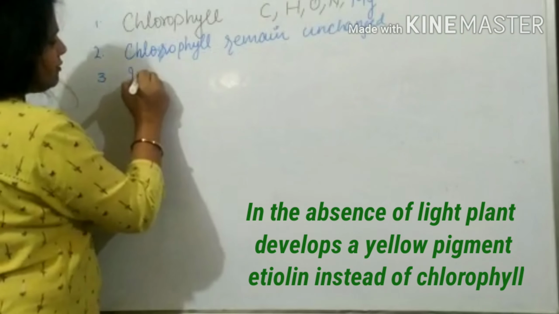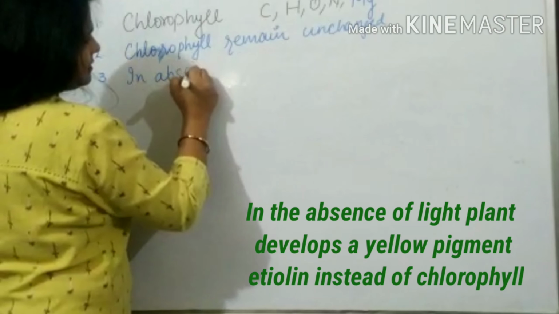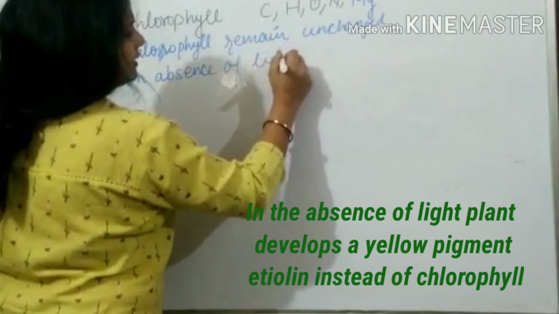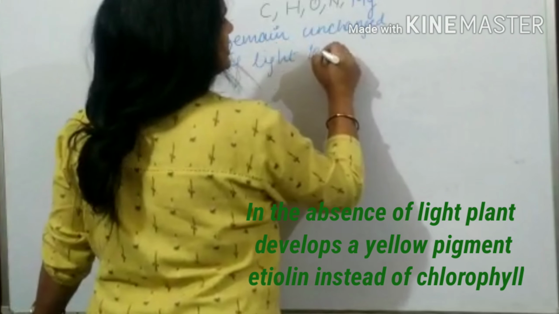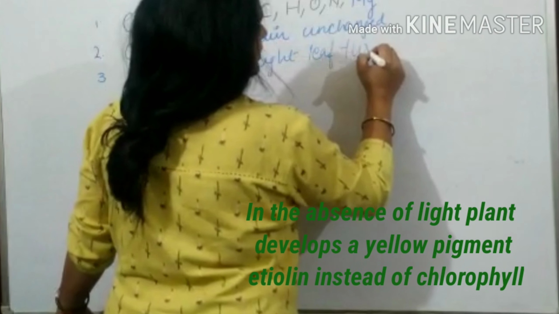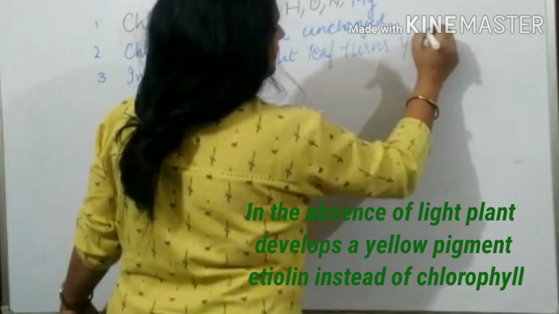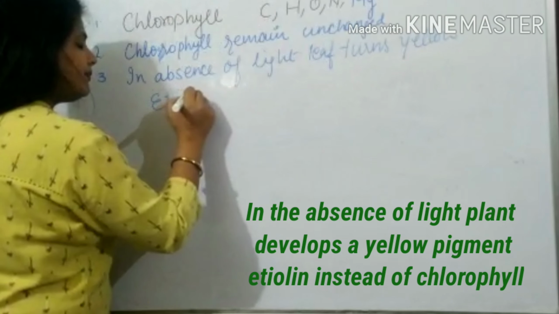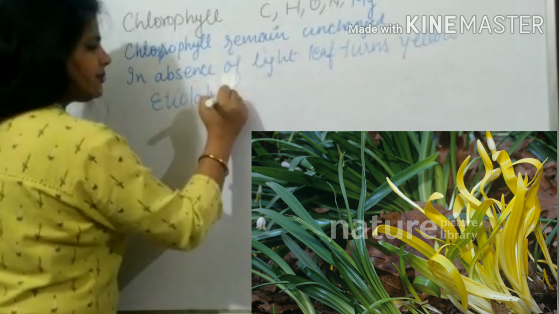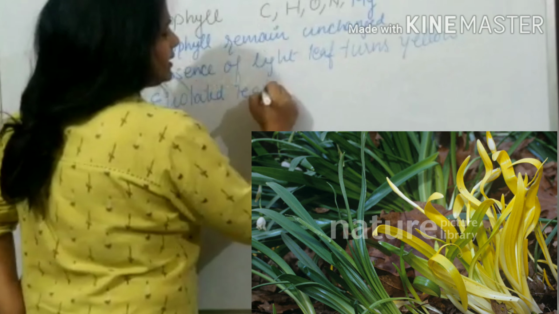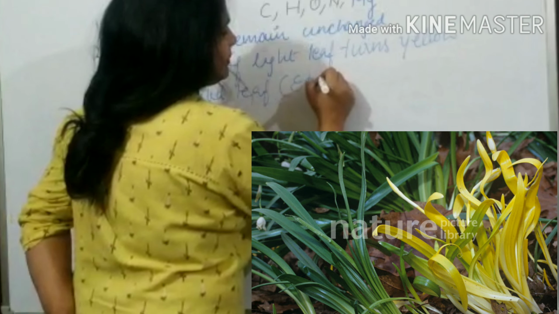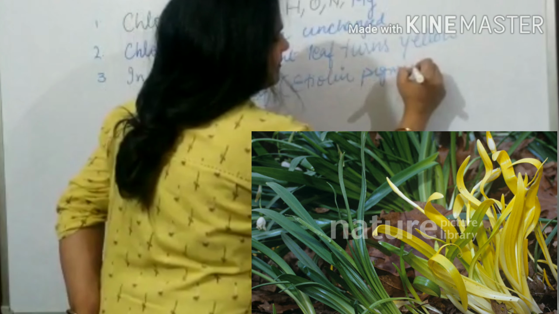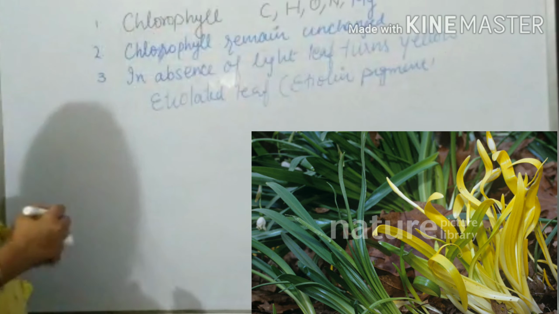So in absence of light, the leaf turns yellow, and this is called an etiolated leaf, and the pigment is etiolin pigment. Clear?